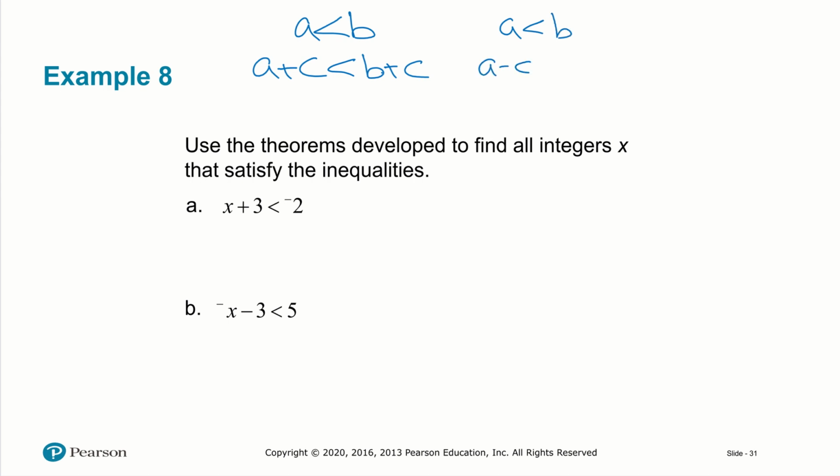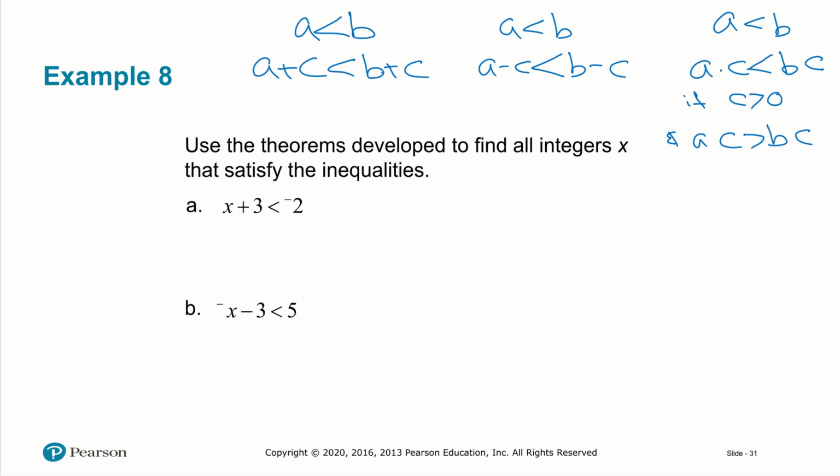So this works as well. All right, and we also learned that if a is less than b, then a times c is less than b times c as long as c is positive, and a times c is greater than b times c if c is what? Negative. So it depends on what you're multiplying, right?